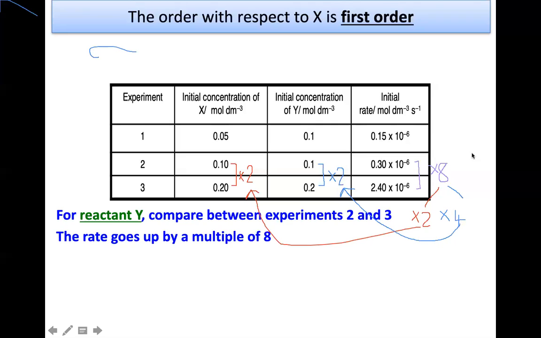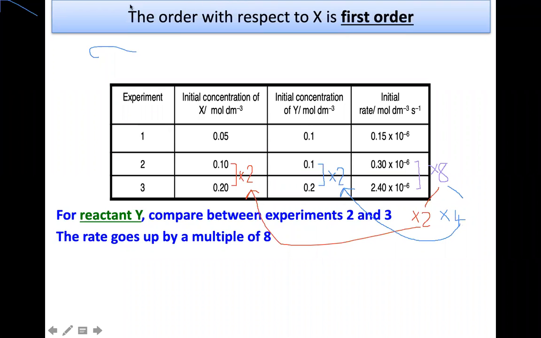Now, please don't think that this factor of 8 is solely caused by Y. It's actually a combined effect of X and Y. So you have to think about what is the effect on the rate when you double X, and then the remaining must be from the effect of changing Y.